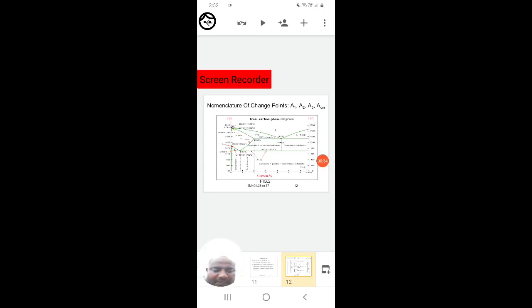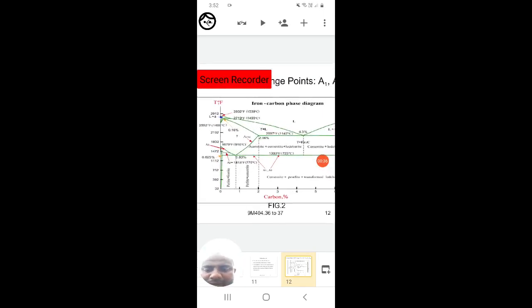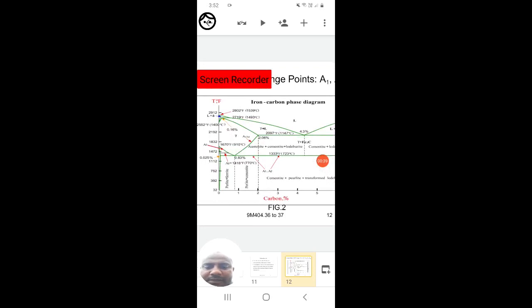So A1 and A3. A1, this is the line, at the temperature 723 degrees centigrade. This line is called the A1 line, up to the hypoeutectoid steels, 0 to 0.8. 0 to 0.8 is the hypoeutectoid steels. 0.8 to 2% is hypereutectoid steels.